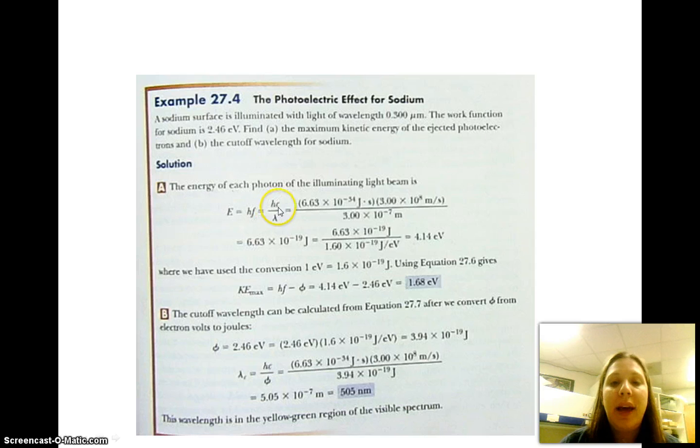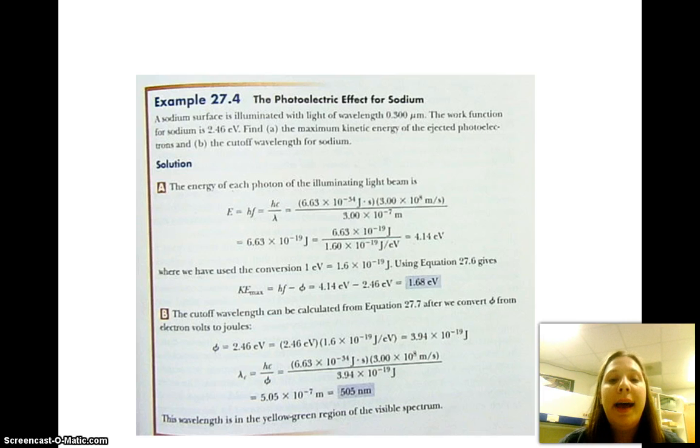So we take h and then c over the wavelength to sub in for frequency. Then we just plug and chug, and depending on what Planck's constant we use, it determines what unit we end up with. So we end up with 6.63 times 10 to the negative 19th joules, or 4.14 electron volts.